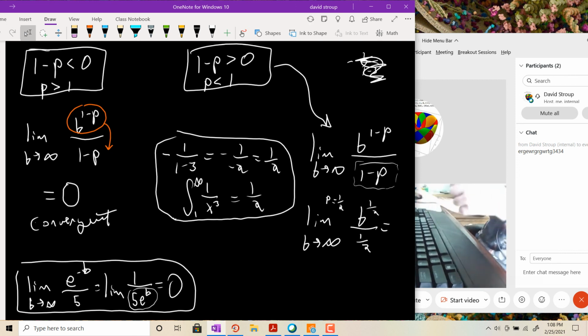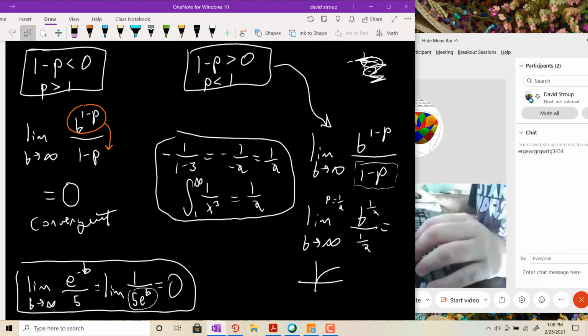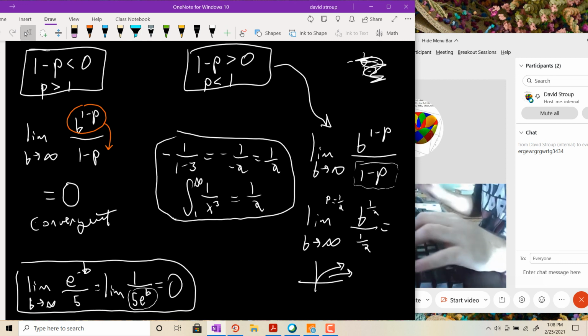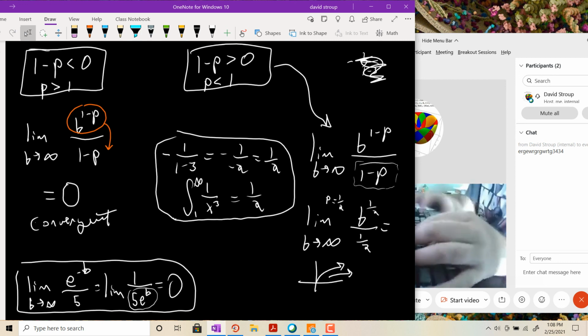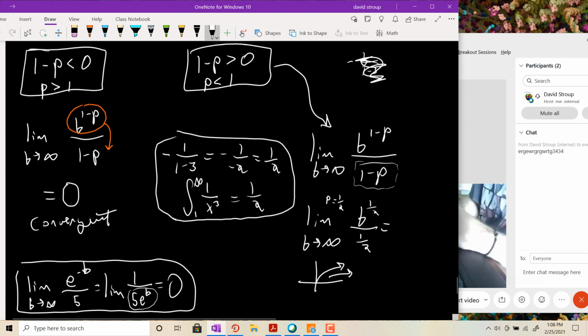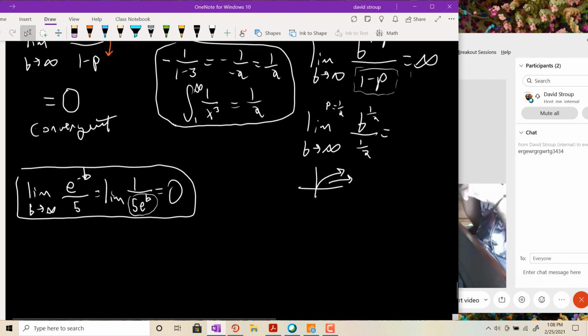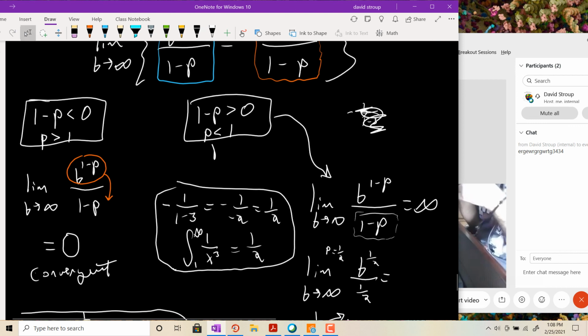And b to the 1/2 is just a square root function. It's going to look like this. So as b goes to infinity, b to the 1/2 also goes to infinity, and in general, that will hold. So this other version will equal infinity, and so this case will be divergent. It's divergent here and convergent there.